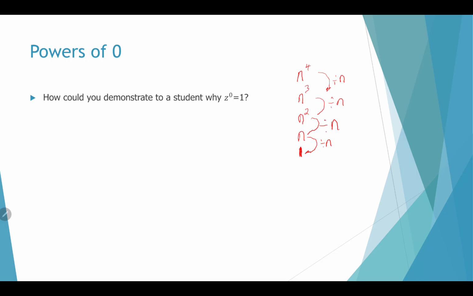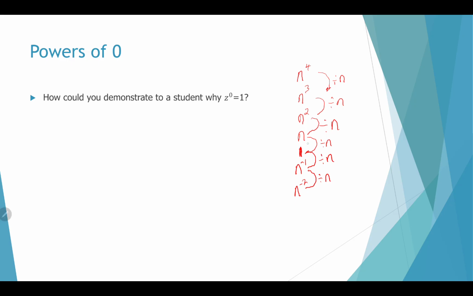Now this absolutely does lead into the other properties, right? So this would be n to the negative 1. This would be n to the negative 2. In each case, this is a division by n as I move down.